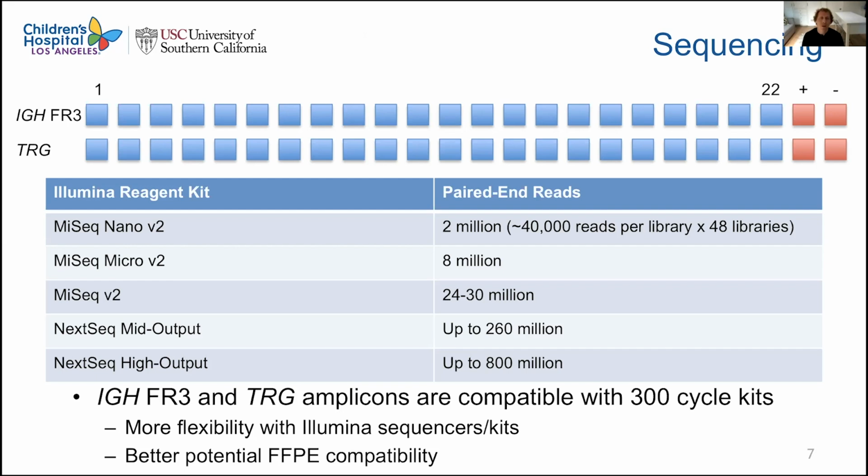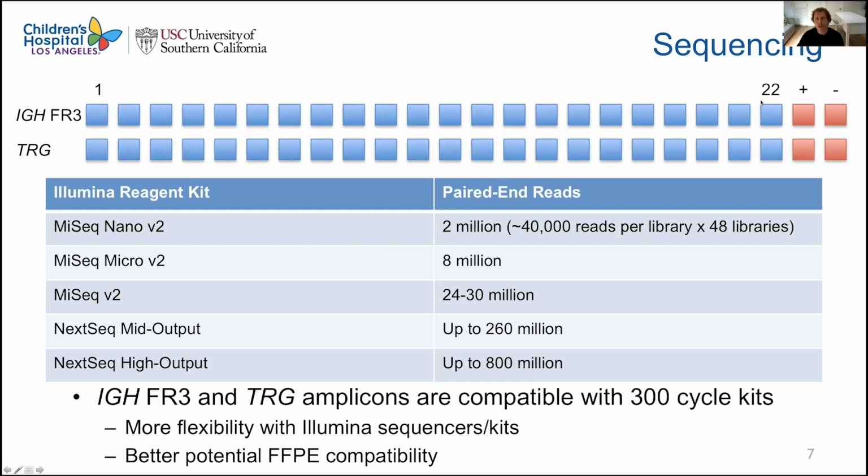The kits come with up to 24 indices on Illumina, and you can use the same index and sequence for both libraries of both genes on the same run. That's what this schematic is trying to show you here. So that allows you to do 24 libraries for both IGH and TRG.